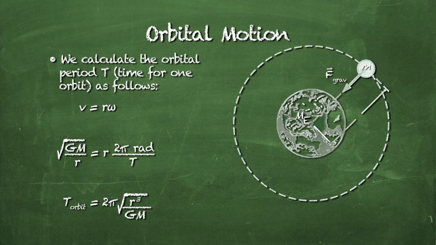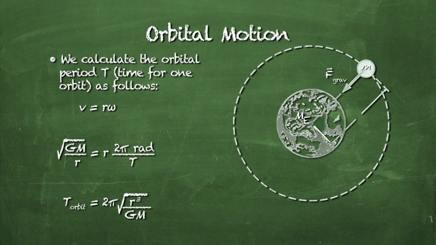And we can solve that for the orbital period, which is equal to 2 pi times the square root of the radius of the orbit cubed divided by big G and big M. So once again, the orbital period depends only on the radius of the orbit. It doesn't depend on the mass of the object.